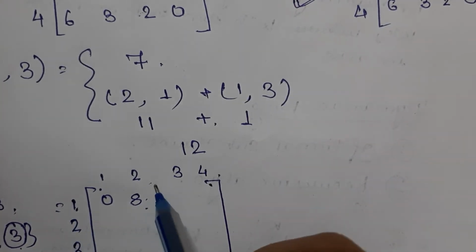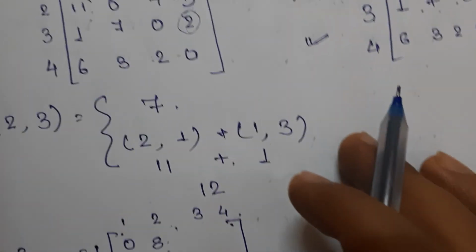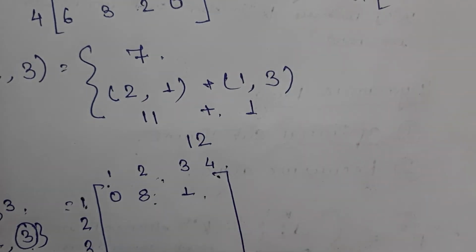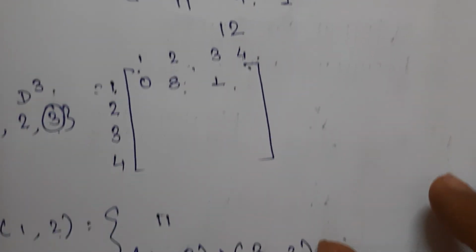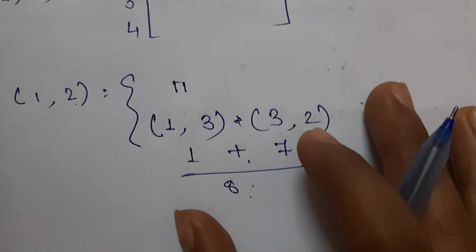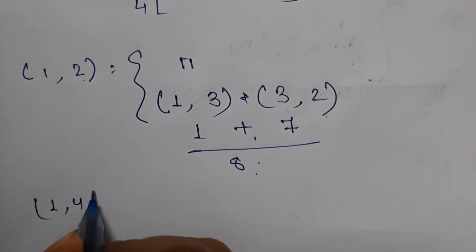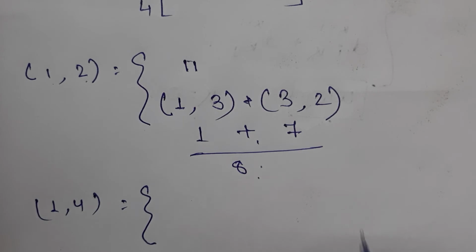Now 1 to 3. As we have considered 3 also here, what was the minimum right now? 1, so it will be 1 here also. And now 1 to 4. Let us see if there is any change here. While I had included 2, what was the minimum? It was 6.